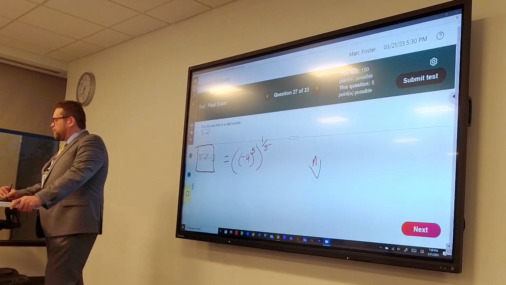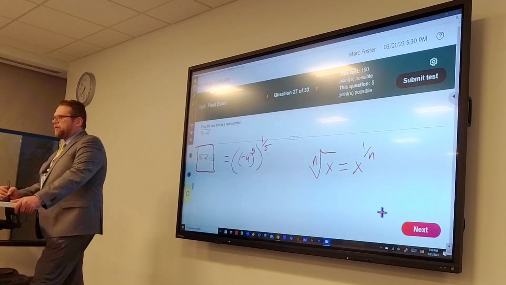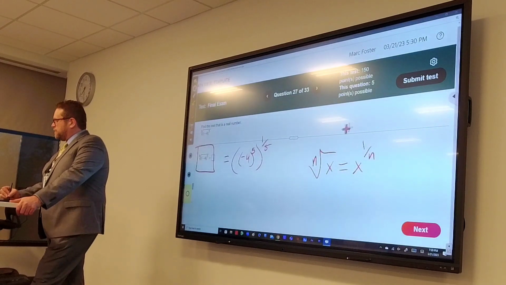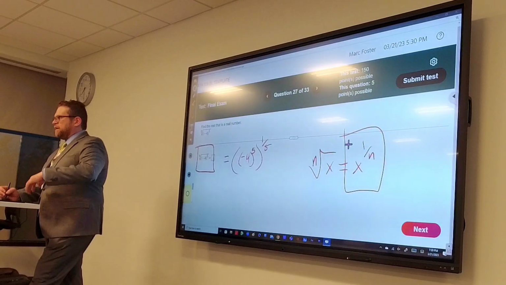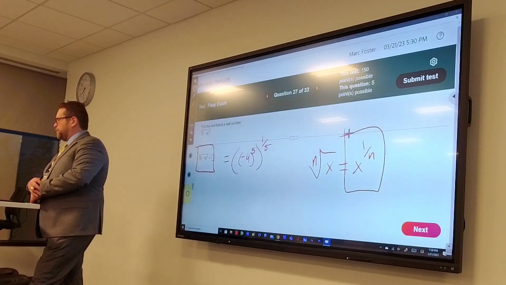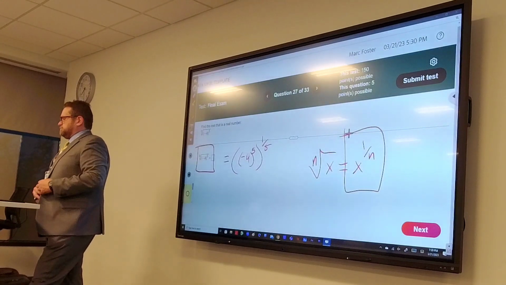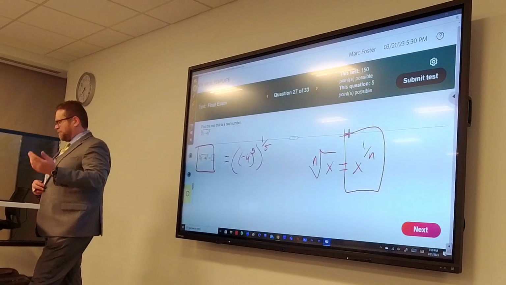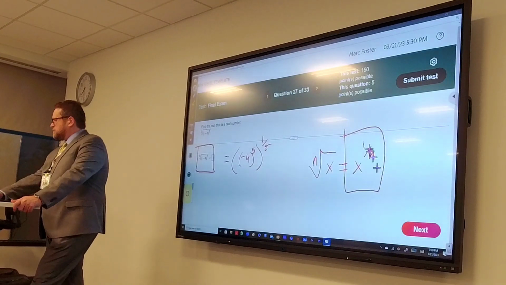Evidently, the nth root of something is that something to the 1/n power. Okay? And this observation is going to come in handy on the signature assignment. And it's super handy, like on a calculator that has exponents but doesn't have radicals, or just making sense of things.